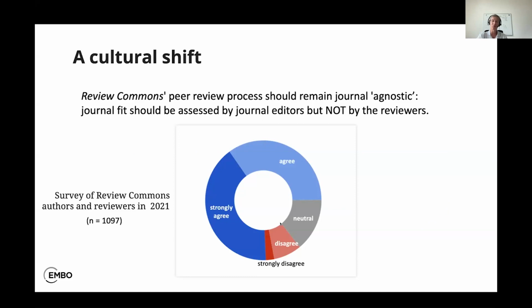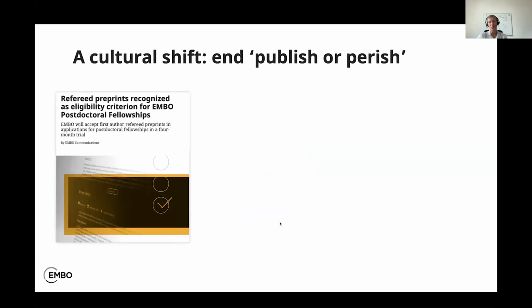There was very strong support for the journal agnostic peer review and trying to dissociate editorial selection at the journals from the scientific evaluation, including, of course, the significance and advance of the science. So we now try to promote this cultural shift and the practice of a reviewed preprint.